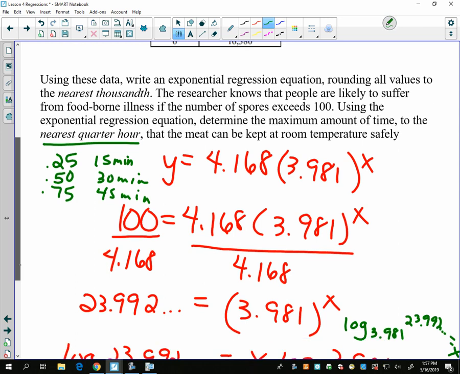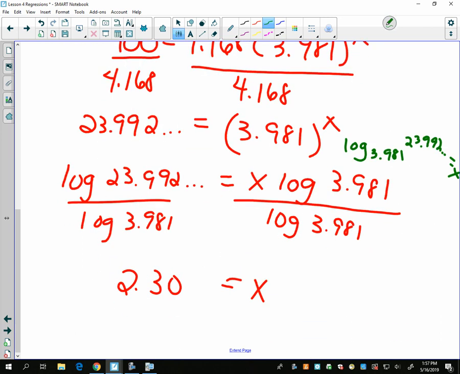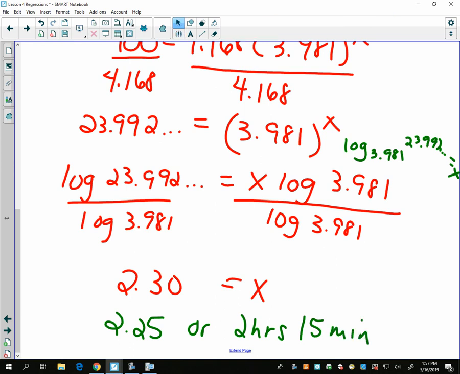So if I get 2.30, what's the nearest quarter? 2.25. So the answer would be 2.25. Or you could write 2 hours and 15 minutes. What are you counting by? You get 2.30, but you have to round to the nearest quarter. Oh. Yes.